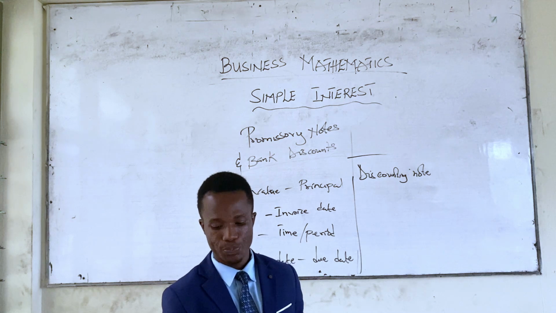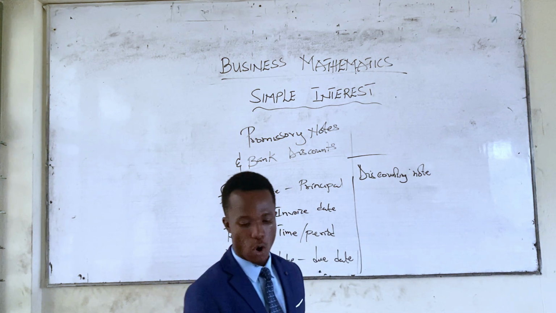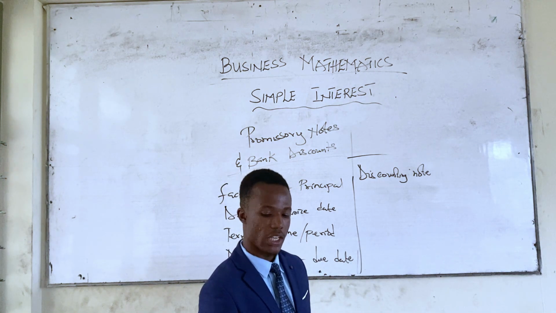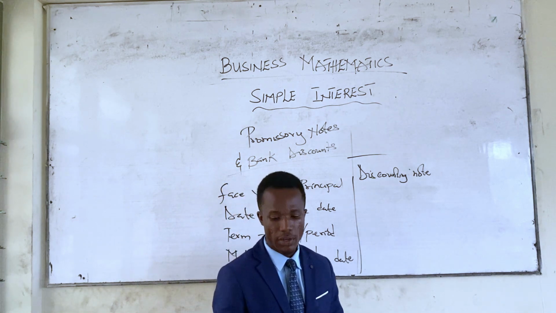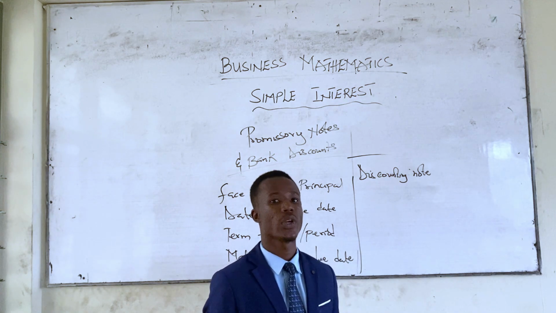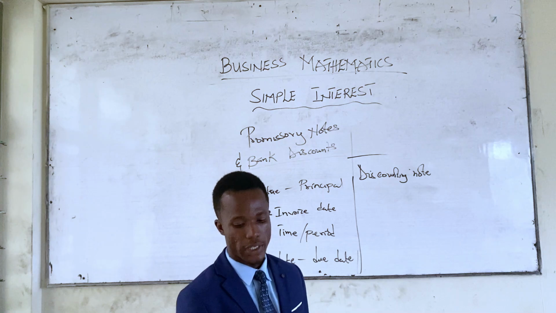If the time is given in days, the banker's year of 360 days is used. So anytime the bank comes in, you have to use the ordinary simple interest, or when you are calculating the time, you have to use the approximate simple interest.